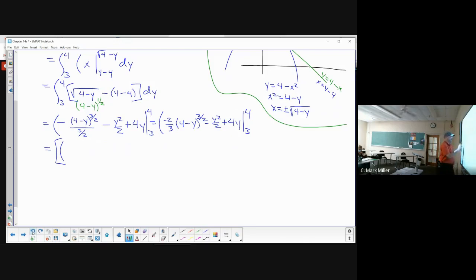So it's going to be 0 minus 4 squared over 2 plus 4 times 4, minus, when I plug in a 3, I'm going to get minus 2/3 times a 1. When I plug in a 3 right here, that's times a 1. Minus 9 halves, minus 4 times 3.